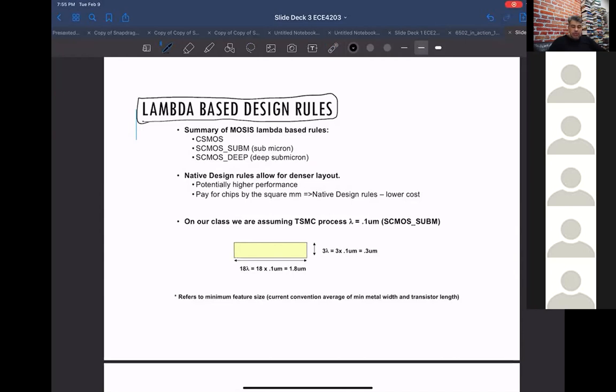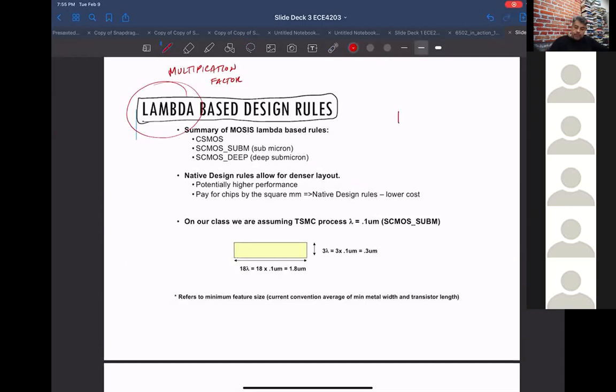So if you made everything in terms of this multiplying factor called lambda, so you can think of this as a multiplication factor, and then you adjusted your design rules accordingly, you would be able to use this for different processes. So let's look at what this means, okay?